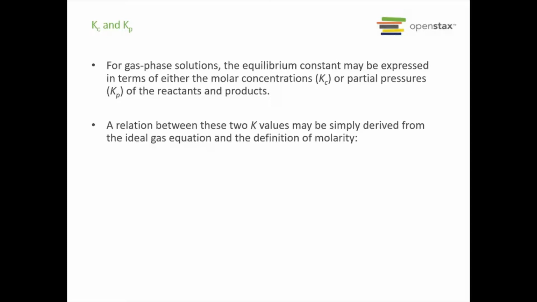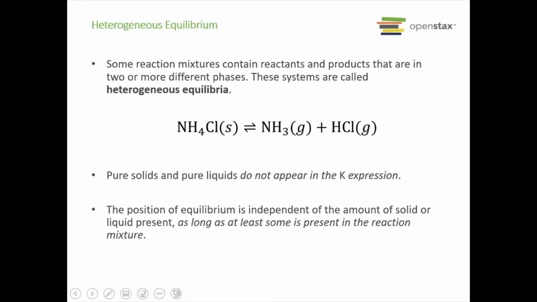Again, for gas phase, you can do your constant as Kc for concentration or Kp for pressure. But we can actually derive a relationship between Kc and Kp. So that's what I'm going to do now for you. Spoilers.